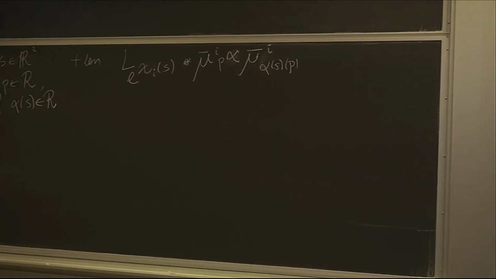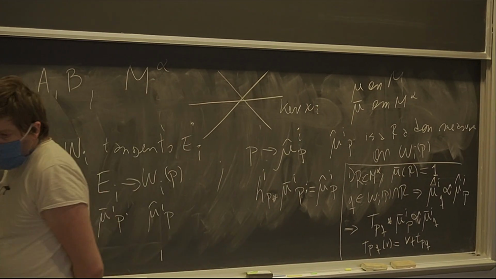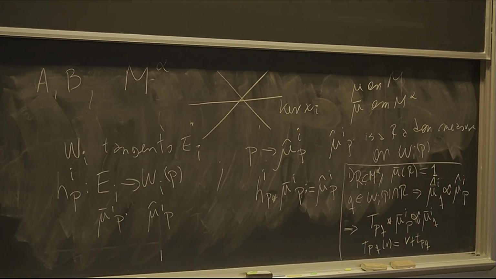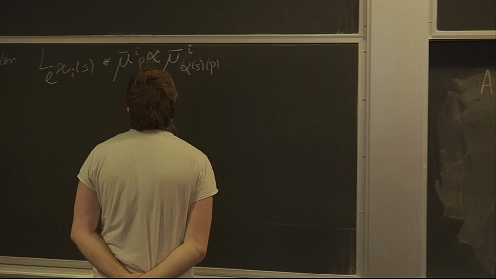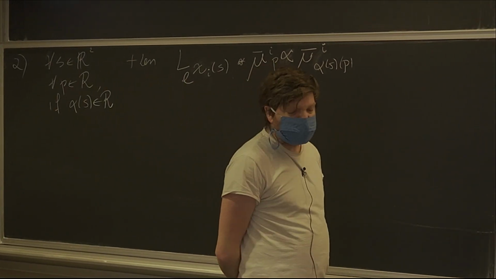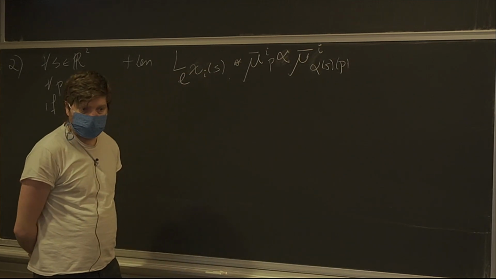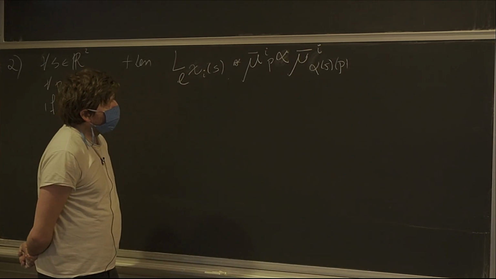So these equalities are only up to a multiple. Okay. So these are the two main properties, and actually that's essentially all we need for the rest of the discussion.